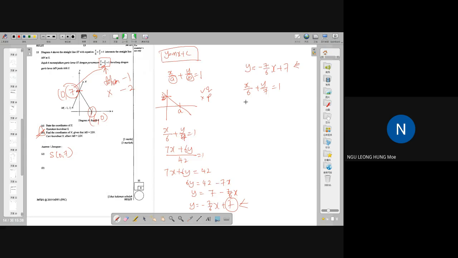Kita nak substitute S equal to 0, so 0 over 6 plus Y over 7 equal to 1, Y over 7 equal to 1, Y is 7, sorry. Salah tengok, okay? Tidak apa. Any more questions?